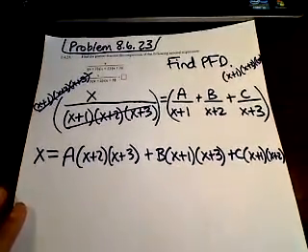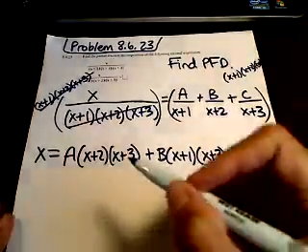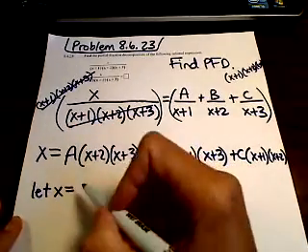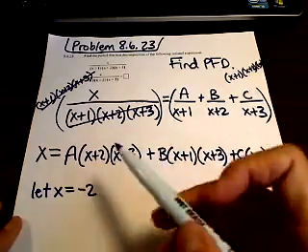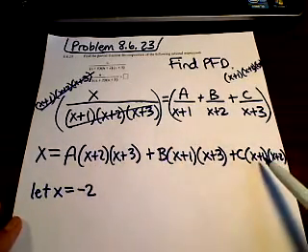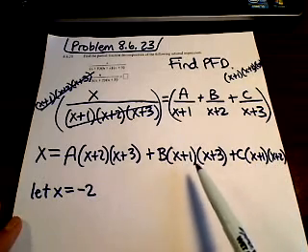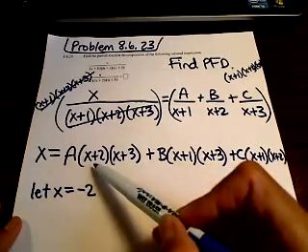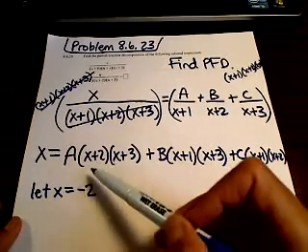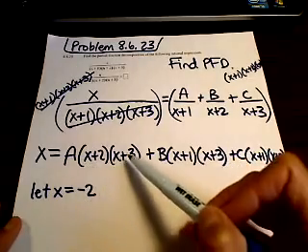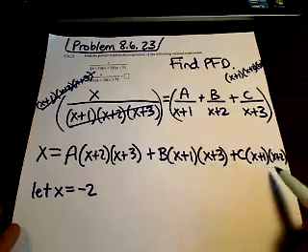All right, so what we want to do now is solve for A, B, and C. And I think the easiest way to do this one is to use the let x equals method. So if I let x equal, let's start with -2, it's actually going to zero out a couple of these things, and then I'll be able to solve for my B. The reason I'm choosing -2 is because this factor, x plus 2, will be 0 when x is -2. So it eliminates this entire term, as well as this term.